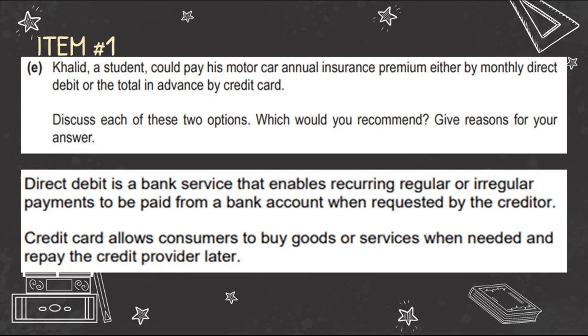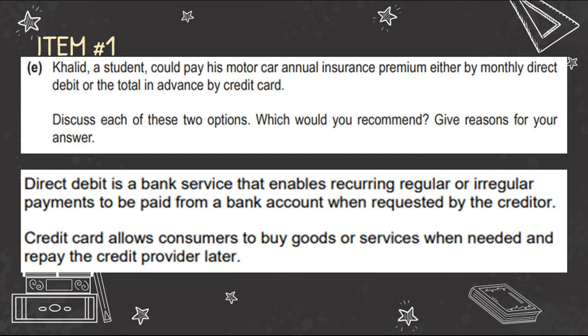Next item: Khalid, a student, could pay his motor car annual insurance premium either by monthly direct debit or the total in advance by credit card. Discuss each of these two options. Which would you recommend? Give reasons for your answer. So if you're going to look at this, Khalid is a student, okay? And he has two choices to pay his motor car annual insurance premium.